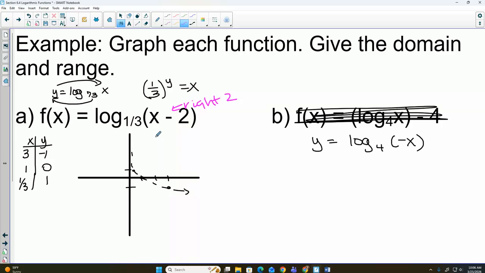So that would move my vertical asymptote to +2. And then if I move each point over, it should look like this. Domain and the range is always -2.